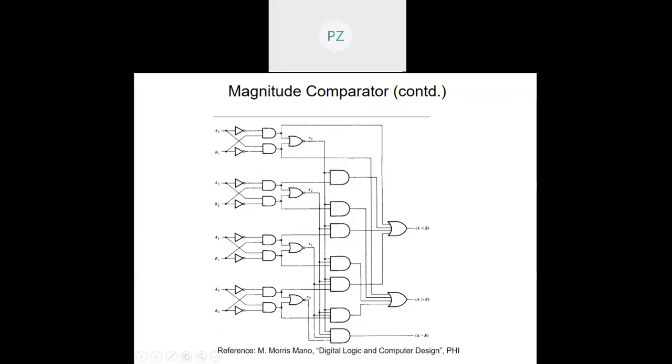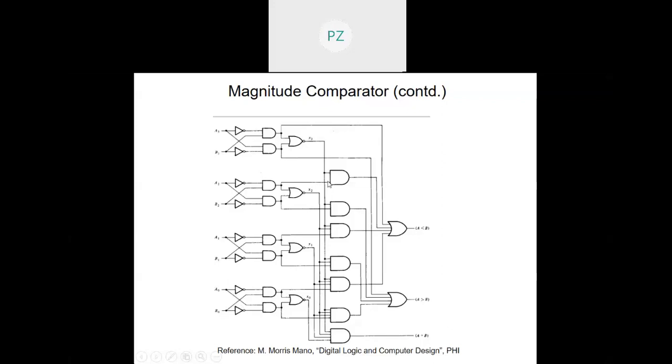The next input comes with x3 x2 and A1 dash B1. And finally this one comes with x3 x2 x1, and the fourth input is A0 dash B0. So this will be a 4-bit magnitude comparator.